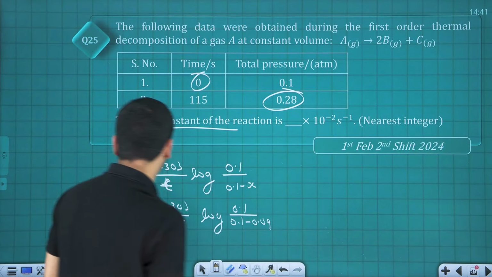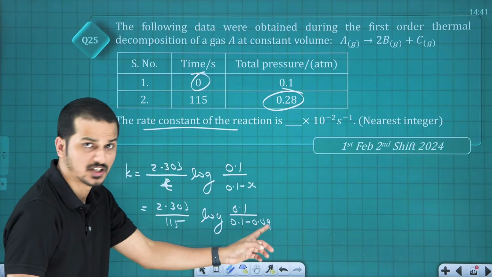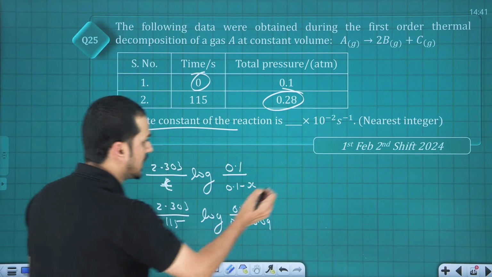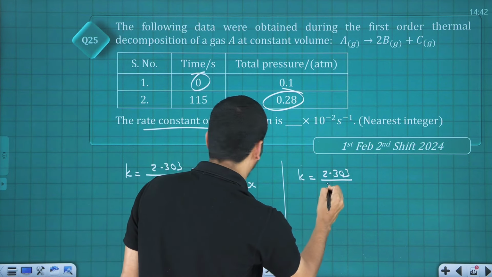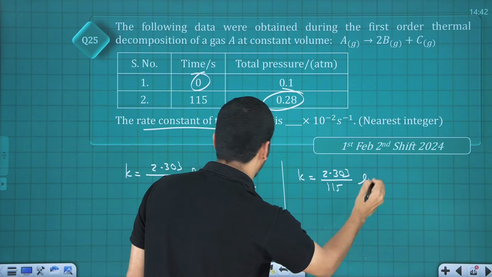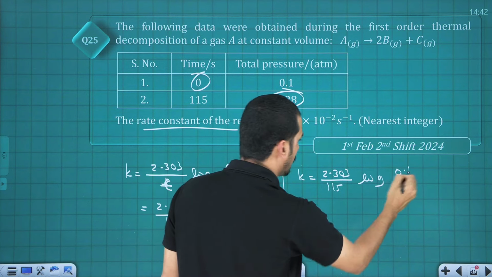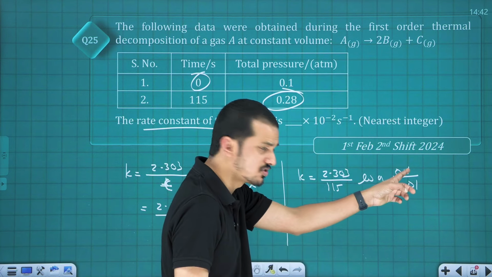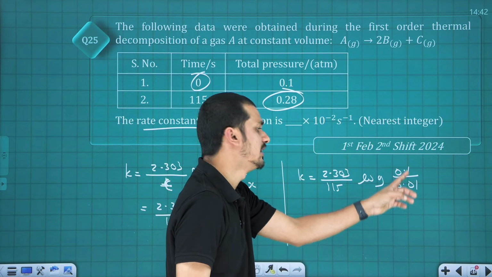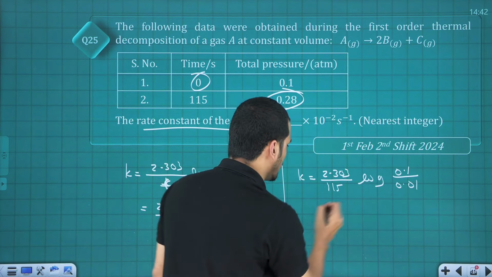So it is 0.1 minus 0.09. So k is equal to 2.303 divided by 115 into logarithm of 0.1 divided by 0.01. 10 raised to minus 1 by 10 raised to minus 2 is 10. Log 10 is 1, so that portion will go.